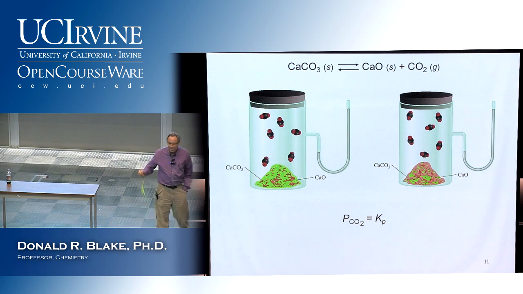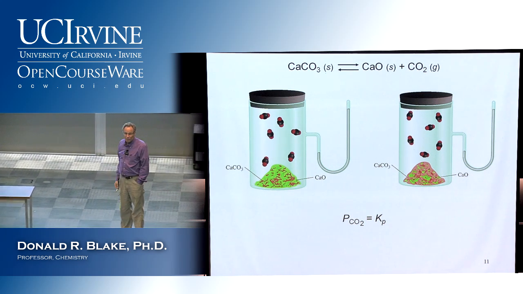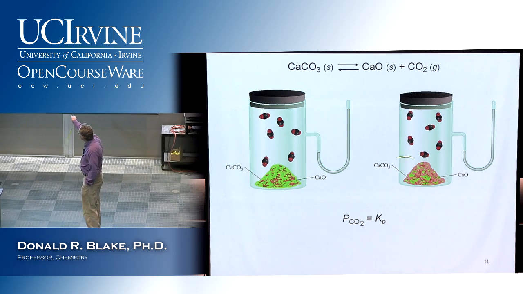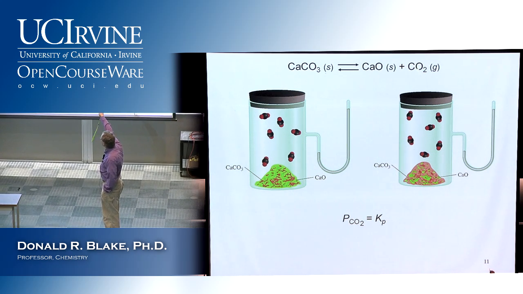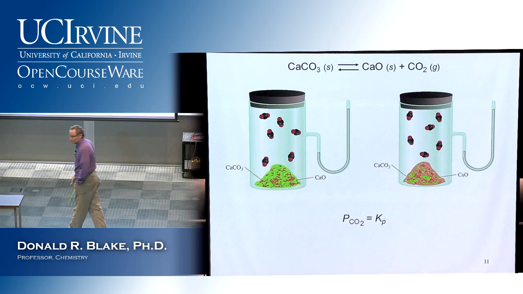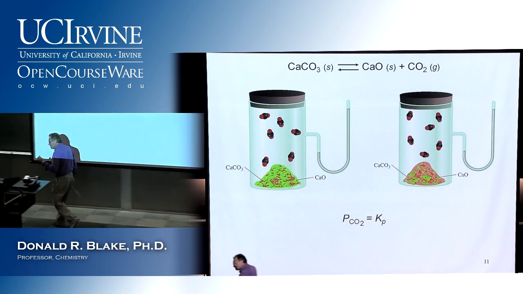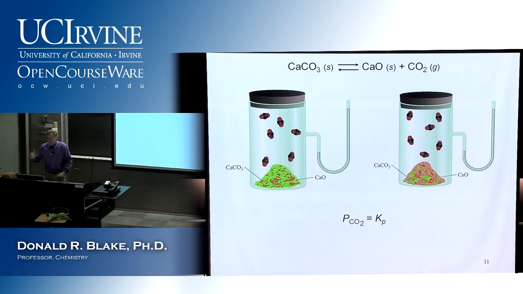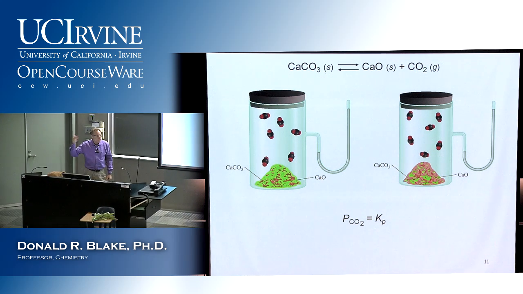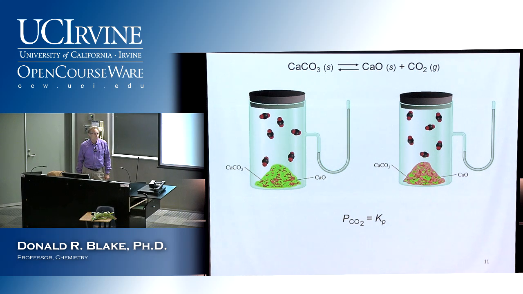So your K sub P is equal to the pressure of CO2. So in a system like this, it's very quick. You look at it and say, the only thing I'm worried about here is the CO2. So in a heterogeneous situation, the solvent, the liquid, and the solid don't enter into equilibrium.